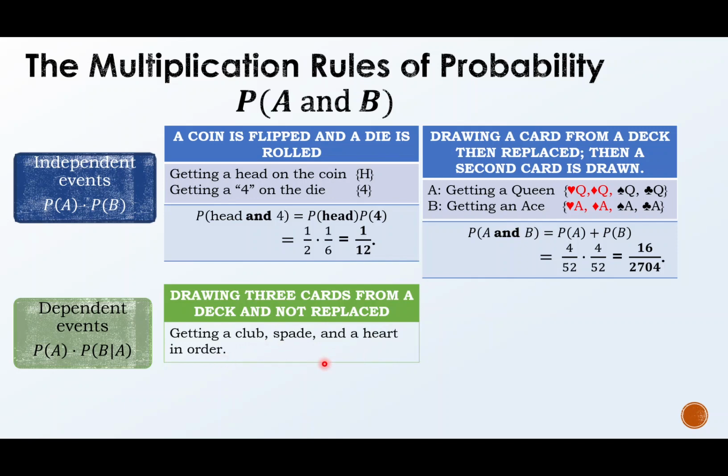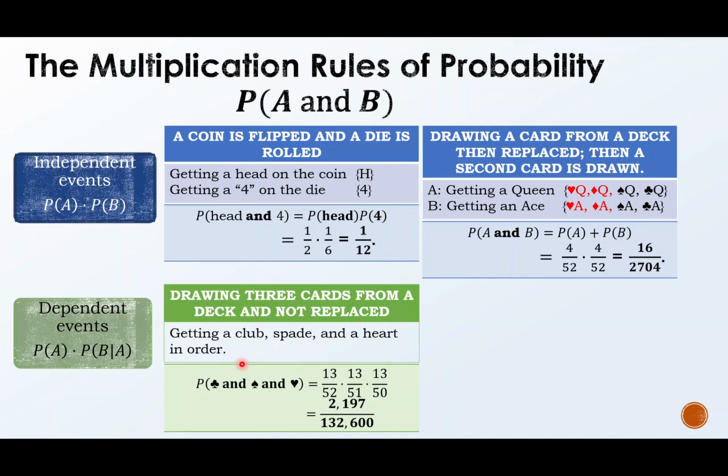So, since hindi natin ibabalik yung cards every time we get one, meron tayong dependent events. So, the formula there is probability ng first event, i-multiply mo siya sa probability ng second event given na nangyari na yung unang event. And it will continue on kasi in this case, meron tayong 3 events here.